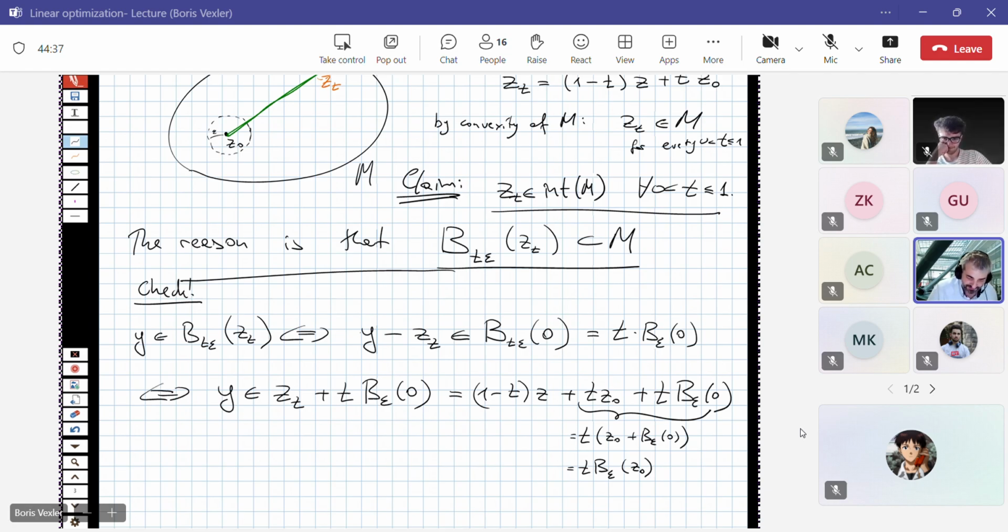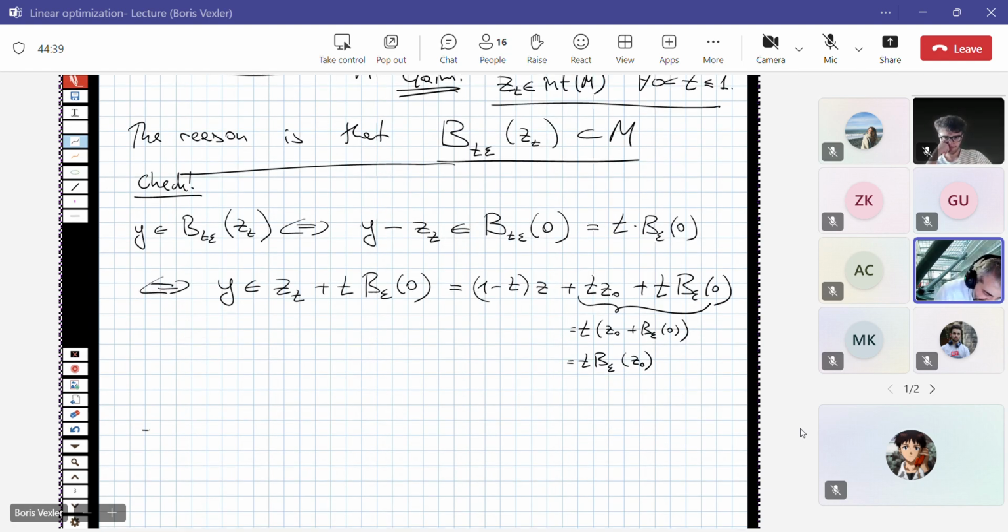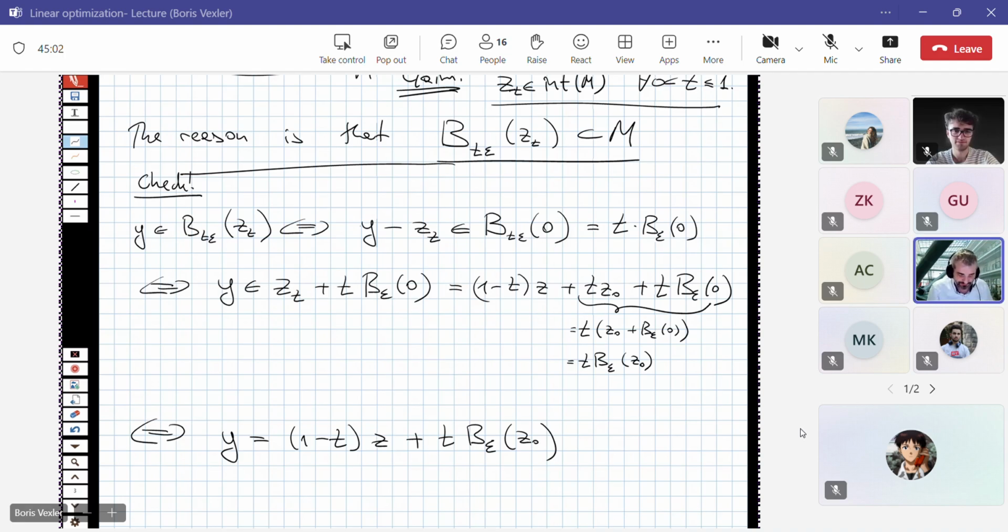Okay. Let me again rewrite this. It means that if we know that y is in B T epsilon of ZT, then this is equivalent to what? That y is an element of 1 minus T times Z plus T times B epsilon of Z0.